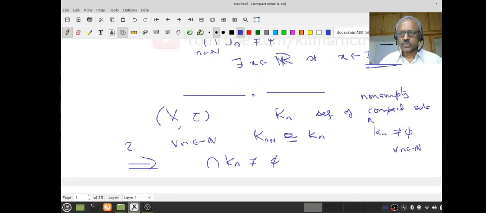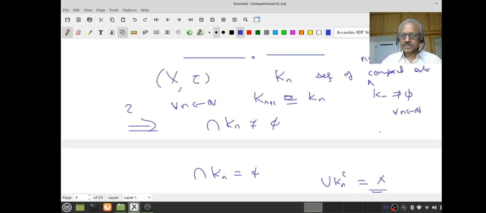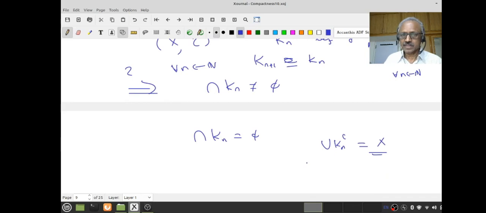So I want to use compactness somewhere. That means I would like to look for an open cover. Now what is our natural choice of open cover here?